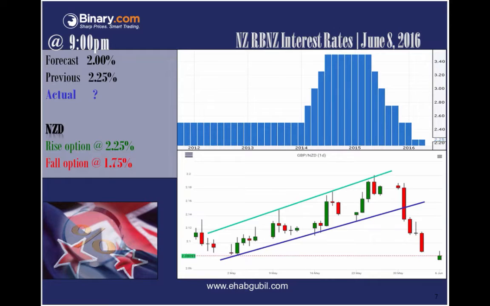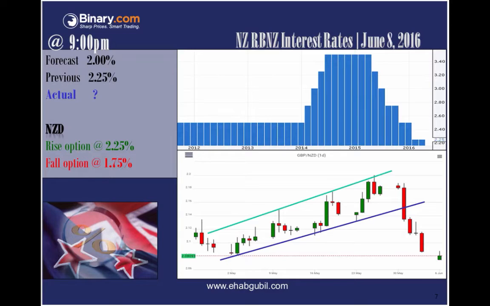Current forecasts agree that the RBNZ is likely to cut the official rate by another 25 basis points at this meeting. However, in the event that Governor Wheeler surprises the market either by keeping rates unchanged or cutting by 0.5%, we should see immediate strong volatility in the New Zealand dollar, which is a great opportunity to trade this currency.